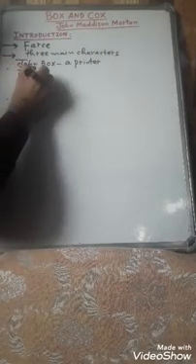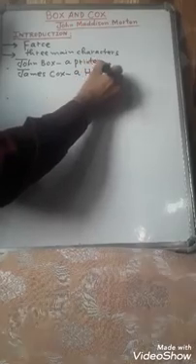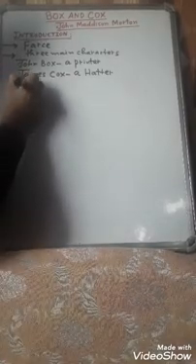Number second is James Cox. He is a hatter. Hatter, you know, a person who makes and sells hats. And number third is Mrs. Bouncer.